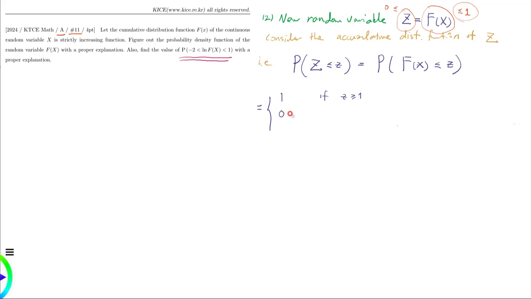And this cumulative distribution function will have a value 0 if small z is negative.